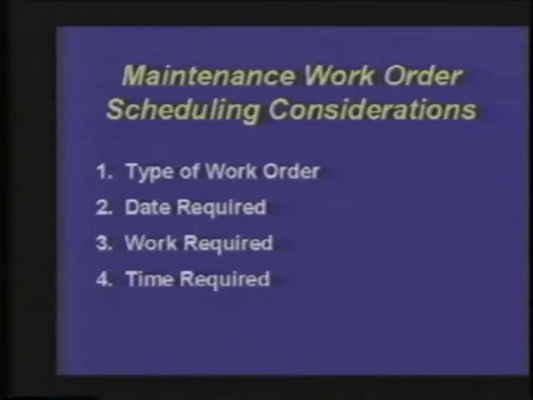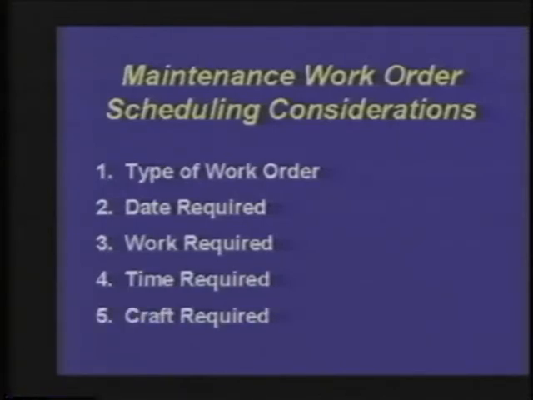And then the actual work time would be developed based upon the number of steps required. And in a moment or two, we'll take a look at a maintenance work order planning sheet that could help you to develop the type of planning and scheduling that we're addressing here on page number 5.